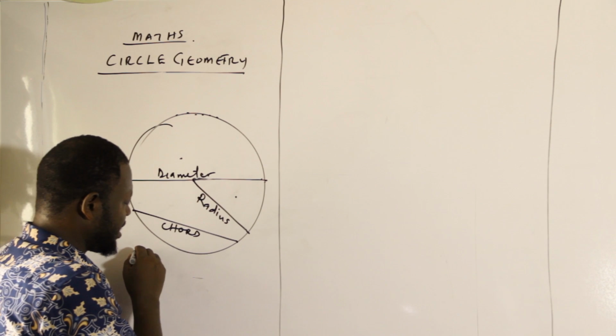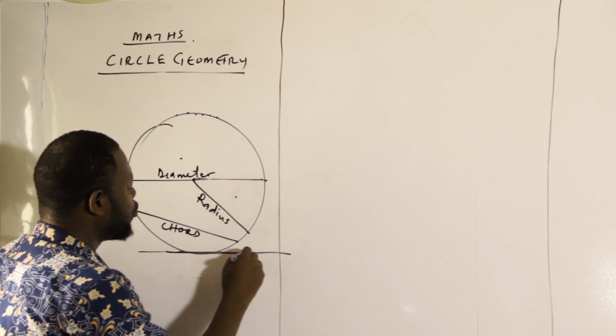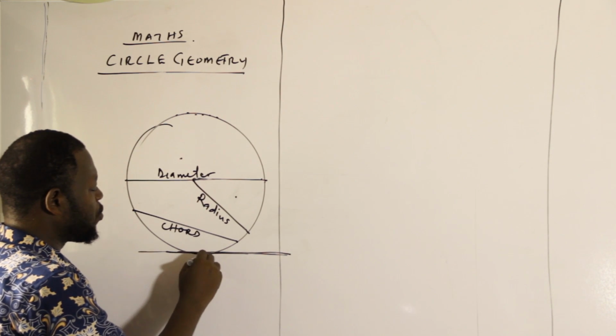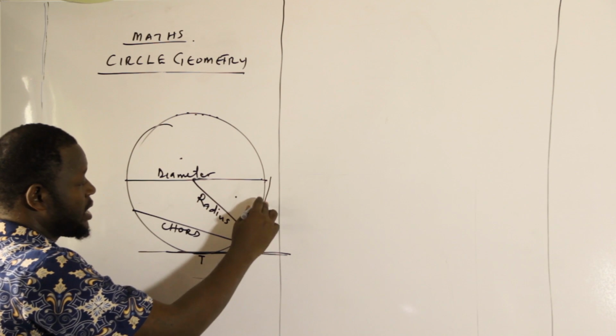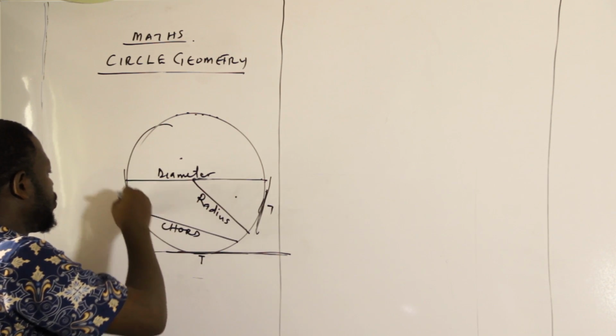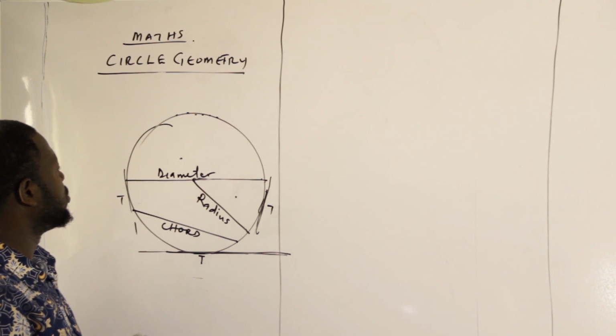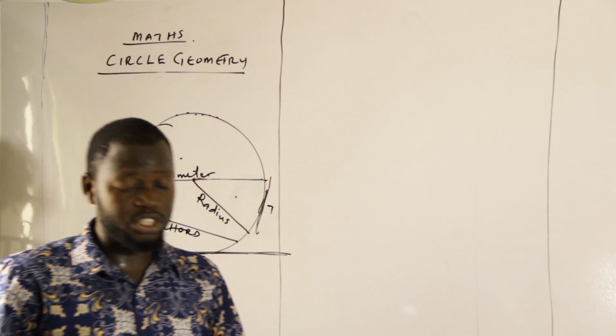A tangent. A tangent meets a circle at one point, and it can be anywhere. It touches the circle. So we have to discuss tangent too. If there are other things to discuss, we will continue in the course of the teaching.